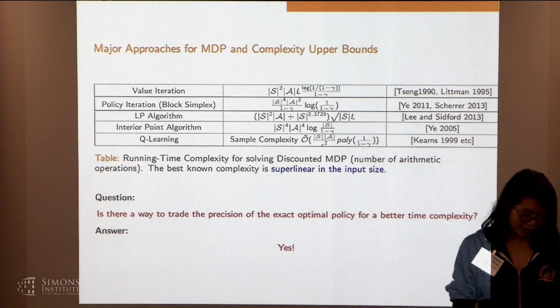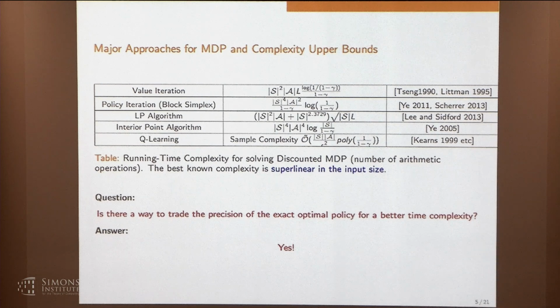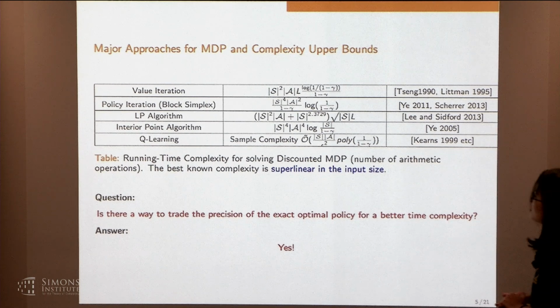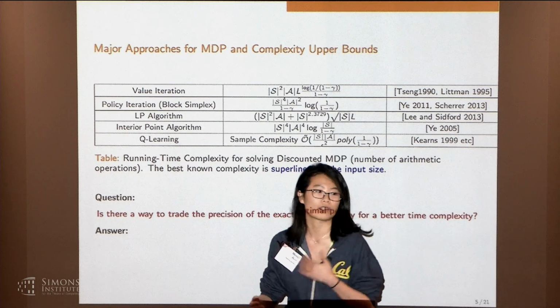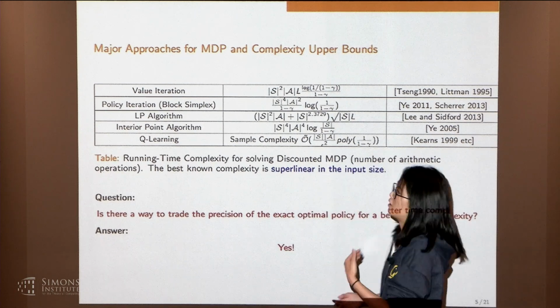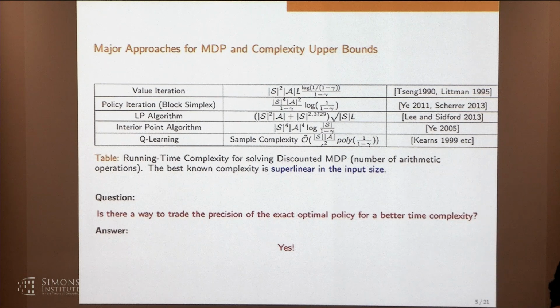So if we look at major approaches in Markov decision problems, or even more generally dynamic programming, I think the first two major approaches are value iteration and policy iteration. They date back to the 1950s. Not long after the development of the Bellman equation, people realized that Bellman equations are equivalent to linear programs, so we can also use linear programming methods to solve it.